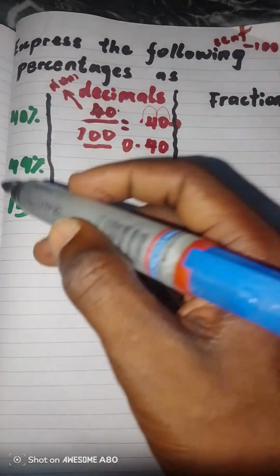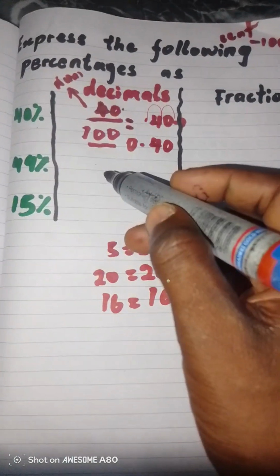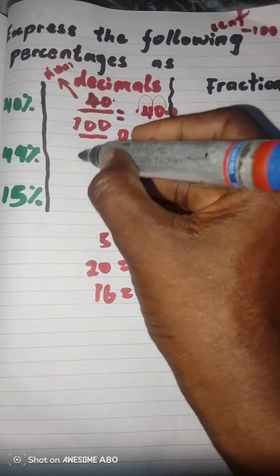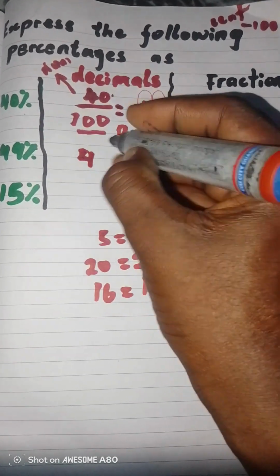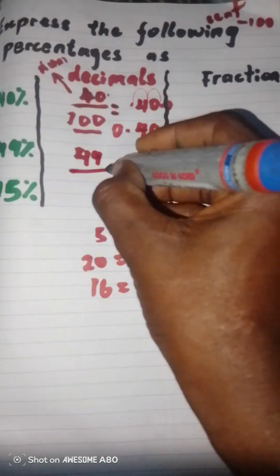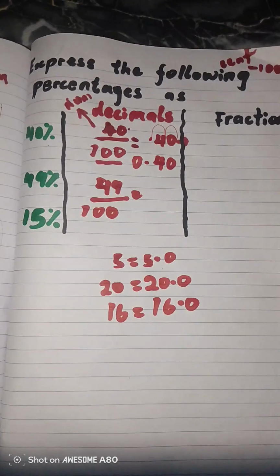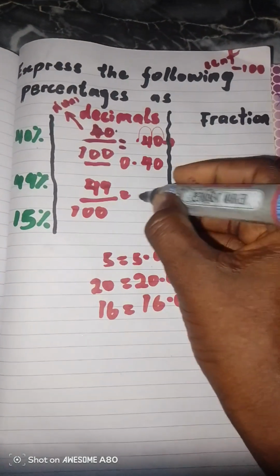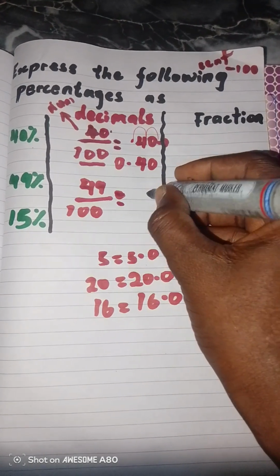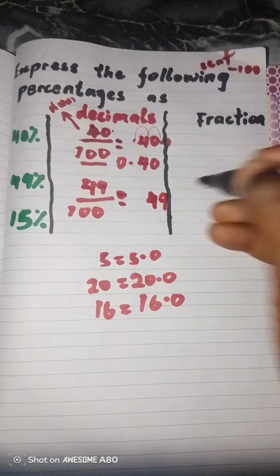Also, if I want to do 49% to decimal, I'll write 49 all over 100, equals 49.